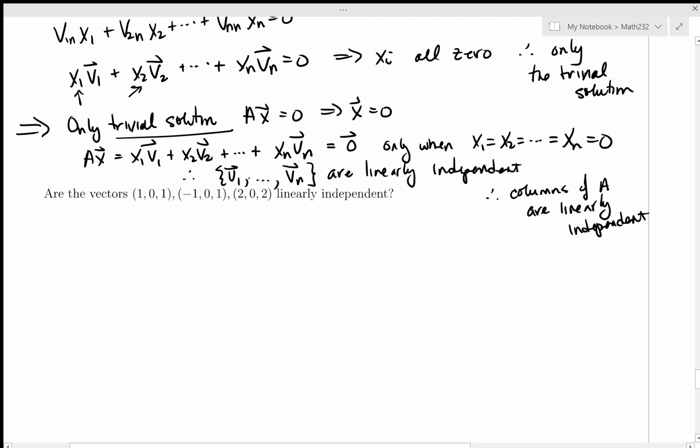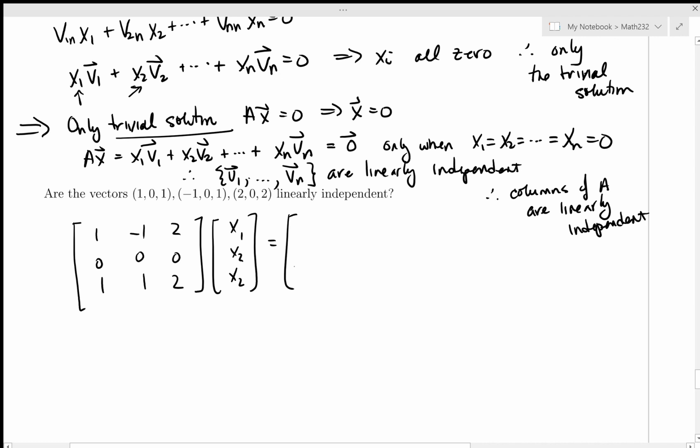Okay, so are these vectors linearly independent? What we can do is take these vectors and put them into the columns of a matrix. I've got three vectors, I put them into the three columns, and I could check whether this has only the trivial solution.